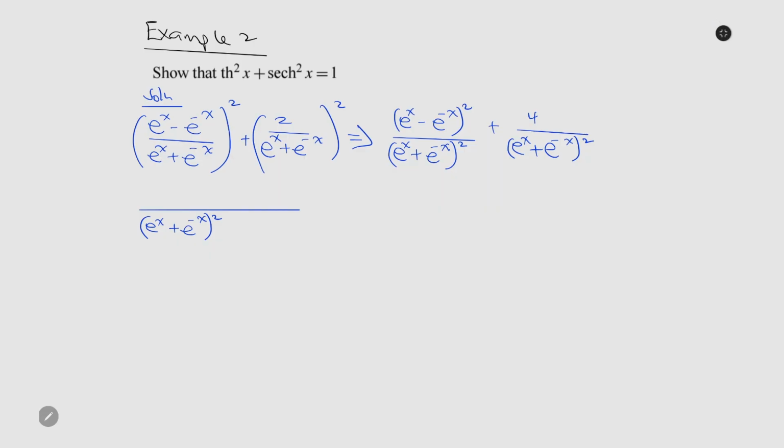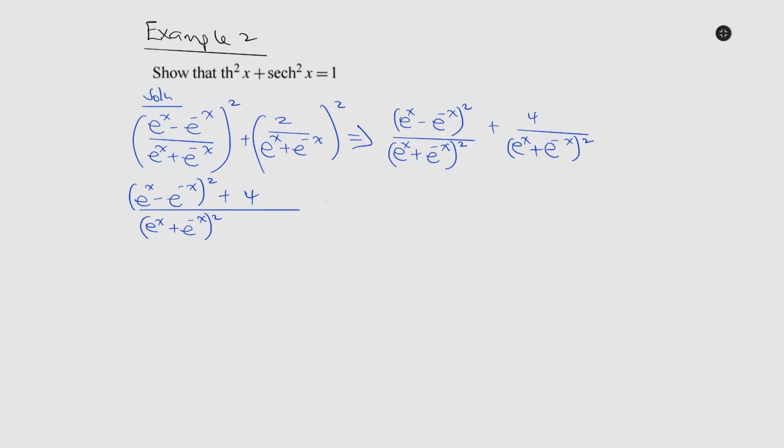That's our LCM. So this here goes here once. 1 times this, we maintain it so that we will have (e^x minus e^(-x)) squared plus, again, this here goes here once. 1 times this is 4. So we'll have plus 4.